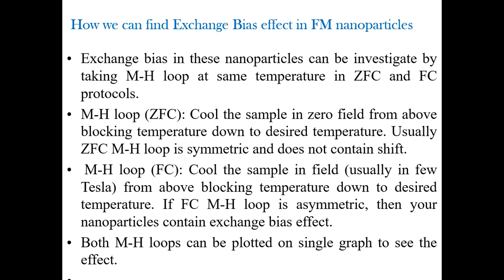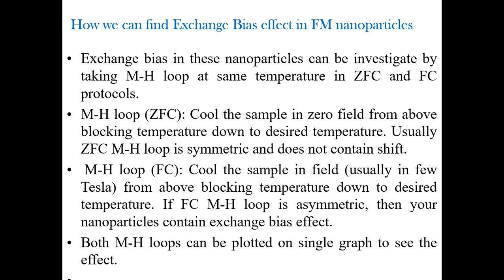You have to cool the nanoparticle sample in zero field from above the blocking temperature down to the desired temperature where you want to take the MH loop. Usually the zero field MH loop is symmetric and does not contain a shift. However, there are some reports that some zero field cool exchange bias is also present.